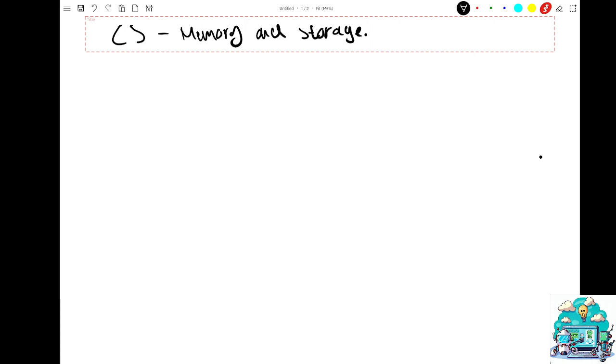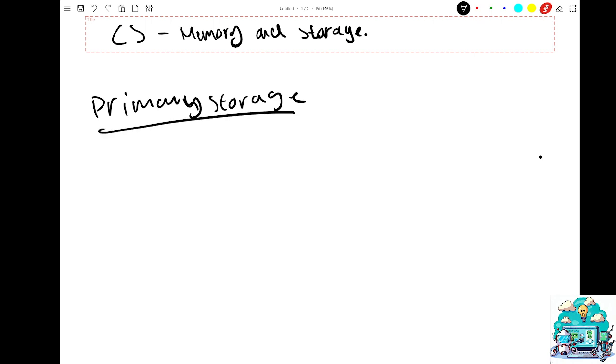So why do we need primary storage? Well, primary storage is where the computer gets its instructions from, which is in RAM. RAM is an example of primary storage because it's what's used to transfer data.